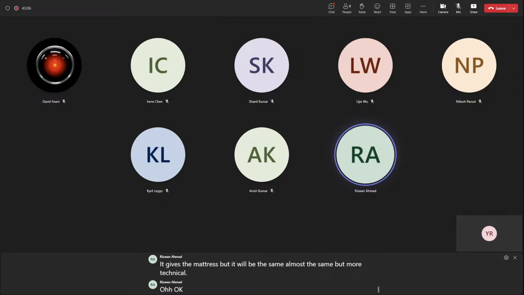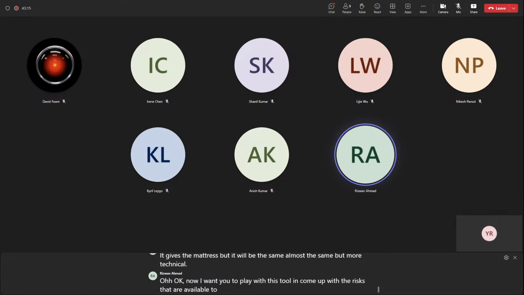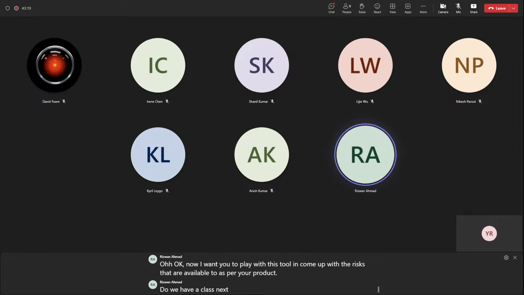Now I want you to play with this tool and come up with the risks that are available as per your product. Do we have a class next week or is it Easter? Easter. Okay.